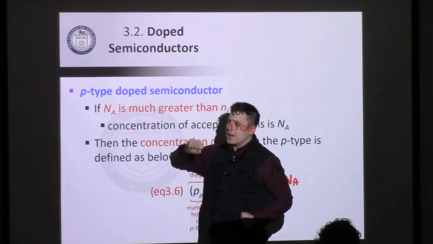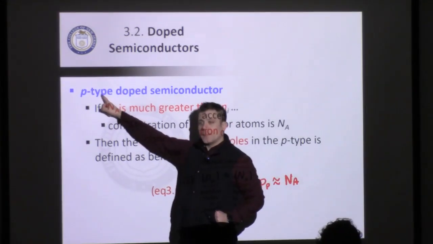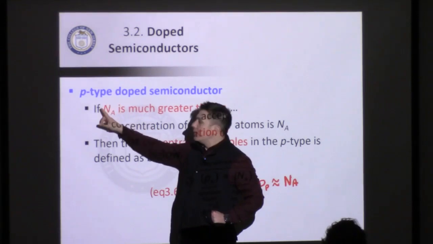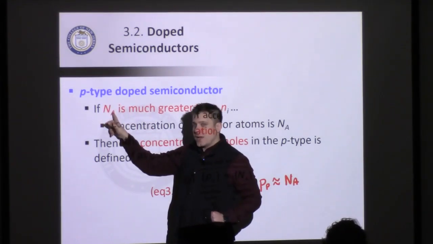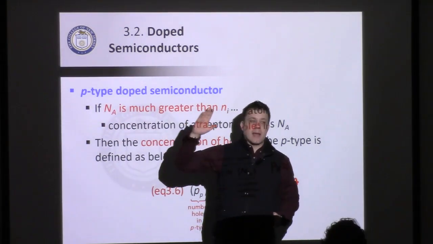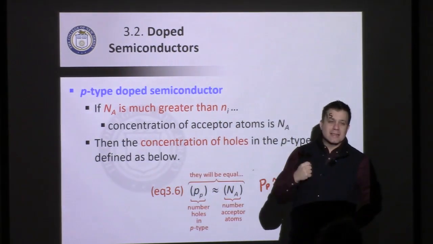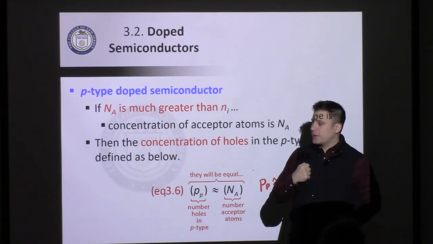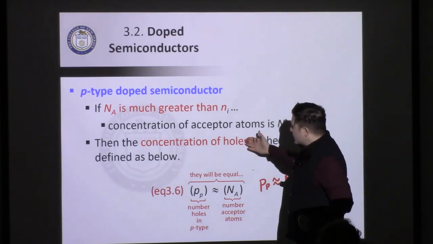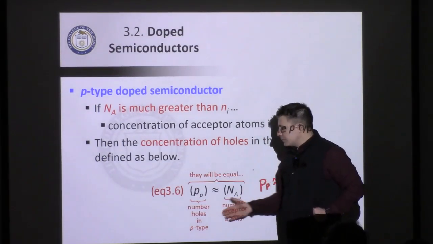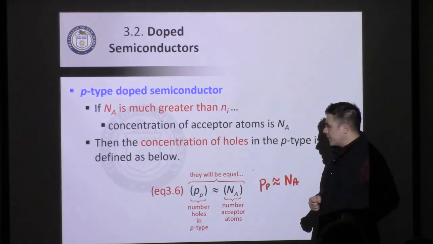Why do we call it the acceptor atom? We're talking about a P-type doped semiconductor. The impurity that we inject will have a valence that will be short one electron, which means it'll have a hole, which means it's accepting electrons. Okay? So therefore, this equation applies.